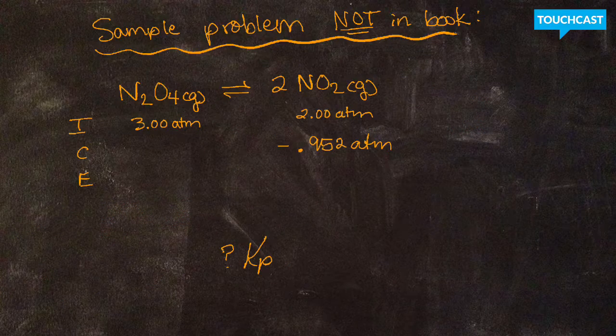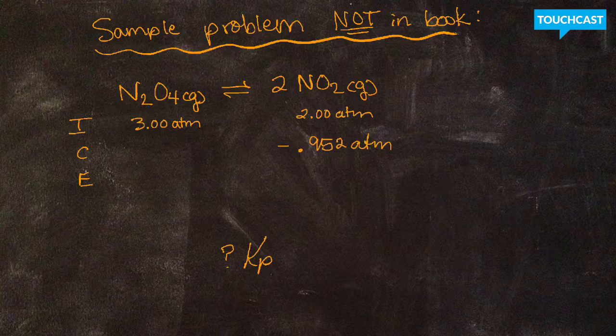Now I've got a sample exercise of my own making. So here we have dinitrogen tetraoxide and nitrogen dioxide. And let's just pretend that we take a container and we pump the container with 3 atmospheres of the dinitrogen tetraoxide and 2 atmospheres of the nitrogen dioxide.